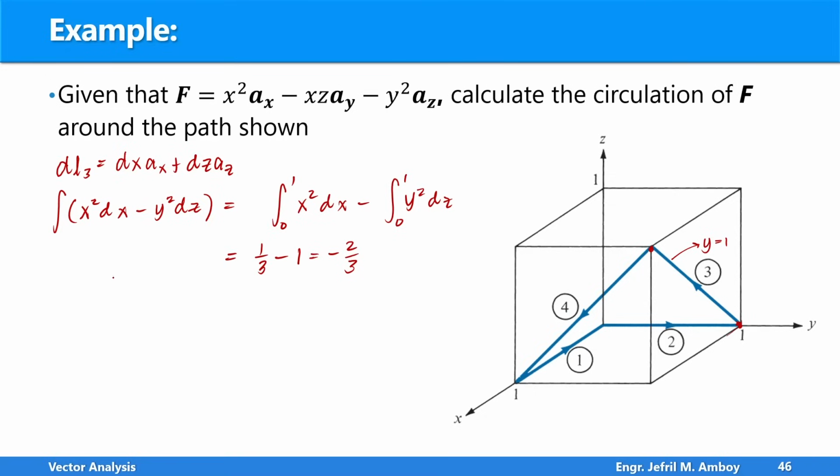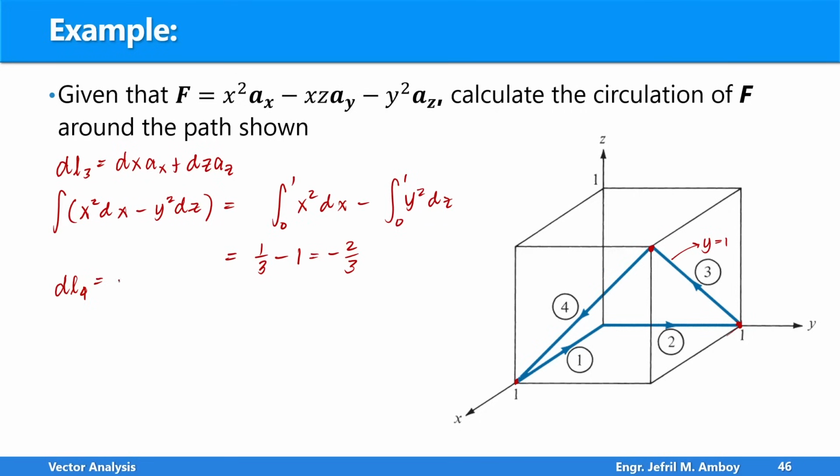Now, how about the line integral for the fourth path, which starts from here and ends there? Let's define dl for the fourth path. If we examine this path, it has a component along y and at the same time a component along z.